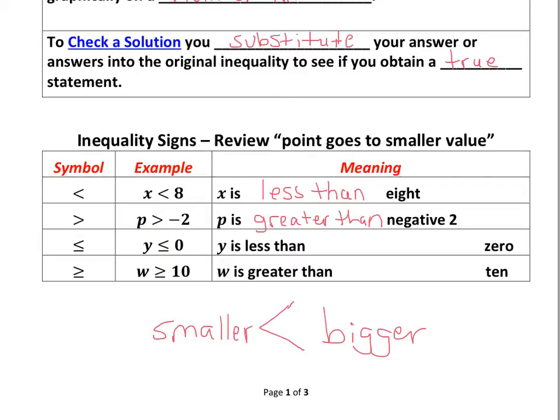Y is less than or equal to, that's what the line means, or equal to 0. And likewise, with this symbol here, greater than, with a line under it, we have W is greater than or equal to 10. All right, that was just a quick review since we've done this.